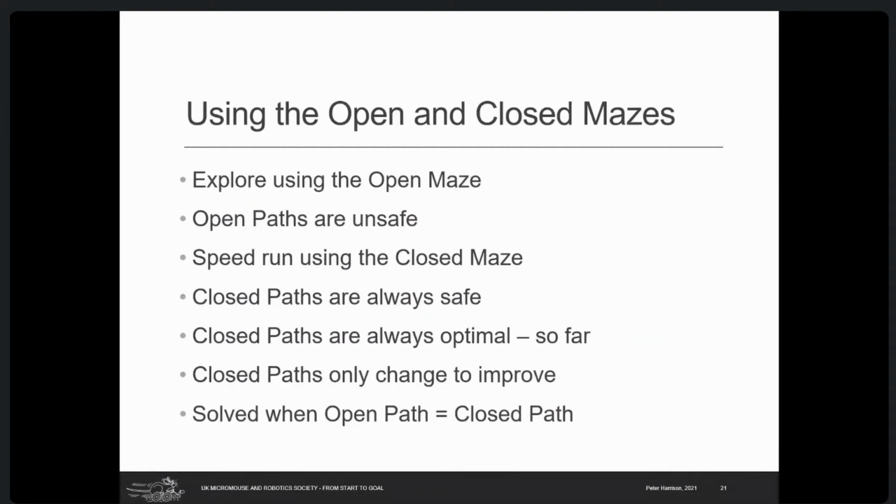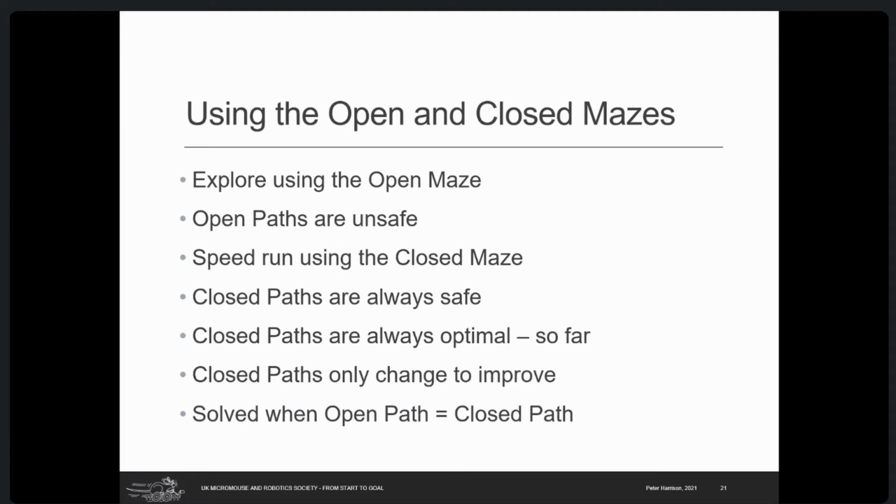Right, so to recap, you explore using the open maze. That always gives you an optimistic path to the goal. But those paths are unsafe. At any point after you have found the goal, you can use the closed maze to do a speed run. They are always safe.